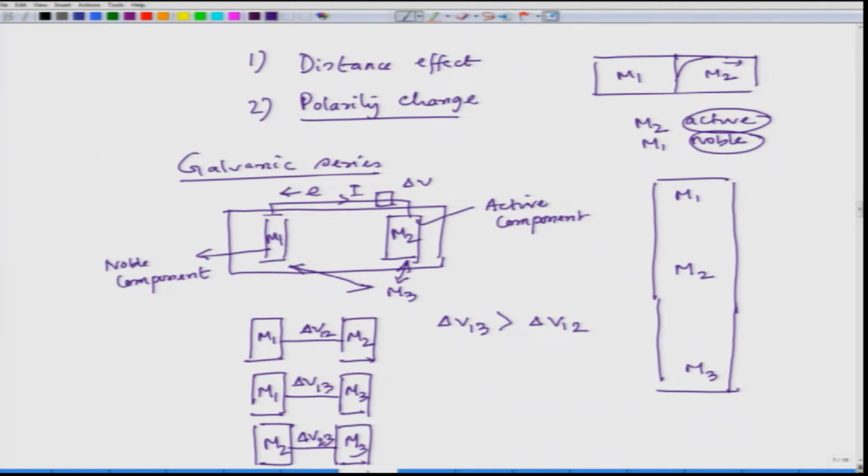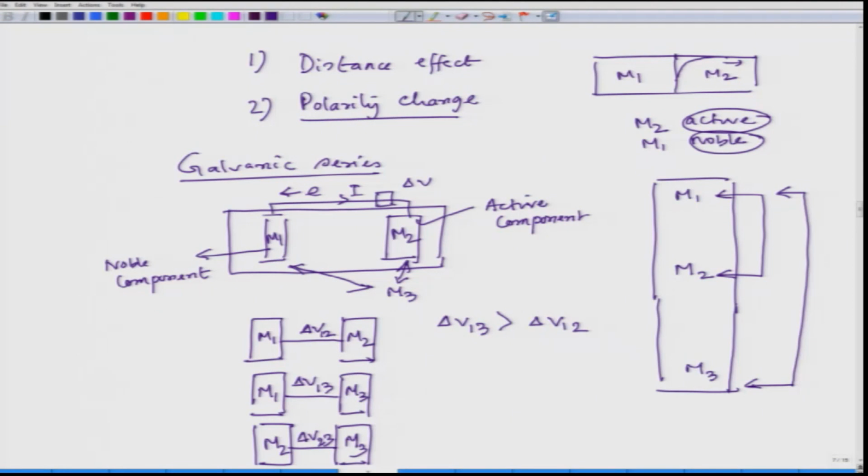So, now that time if I connect these two, or if I connect these two, the galvanic effect will be more in case of M1, M3 rather than M1, M2. Okay. So, if I have a connection between M1 and M3, M1 would be better protected because M3 would corrode more, and if I have this couple M1 and M2, the protection would be a little less than M1 and M3. But in both the cases M1 and M2 as well as M3 individually, they will corrode.